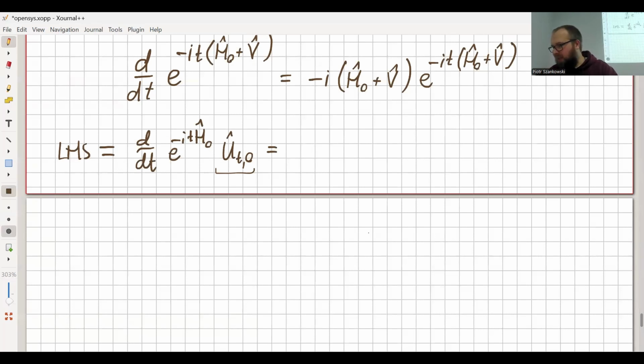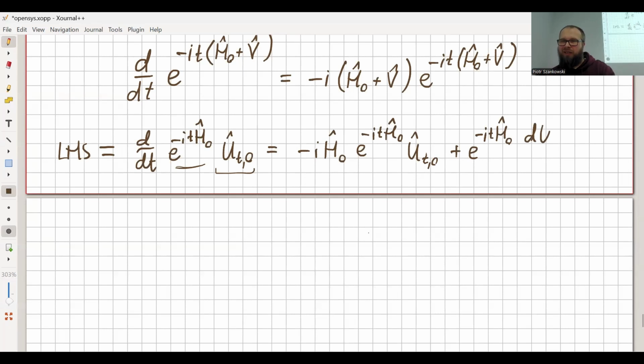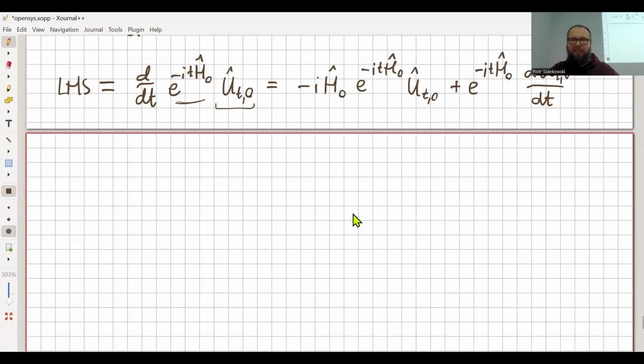But we can do something with the derivative, because this guy we control. So when I hit the first bit with the derivative, I just get my generator times u t, right? Plus the derivative hits the other factor, d u t0 over dt. Okay, so this is the left-hand side.